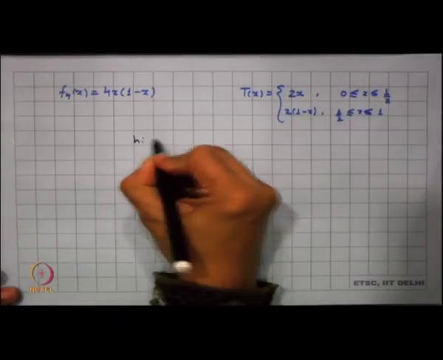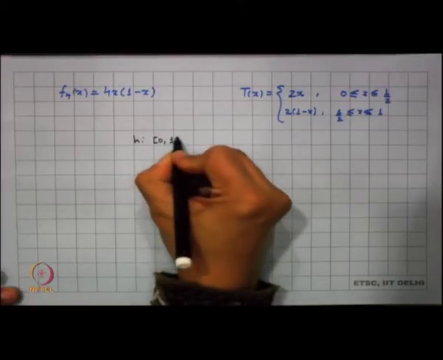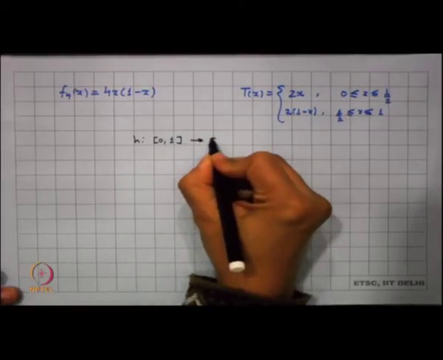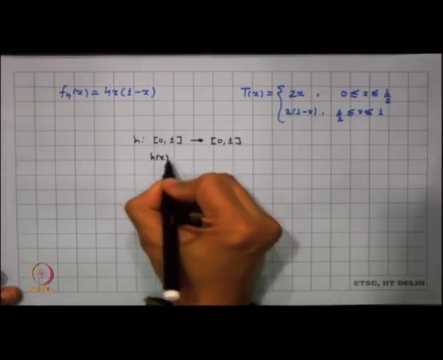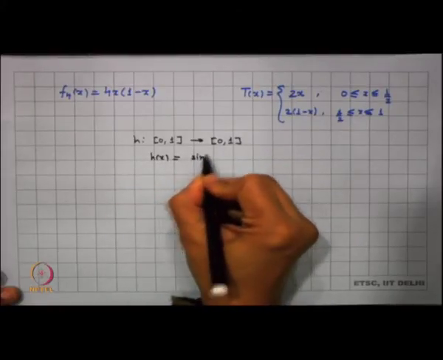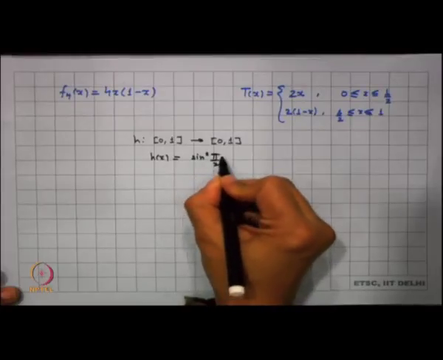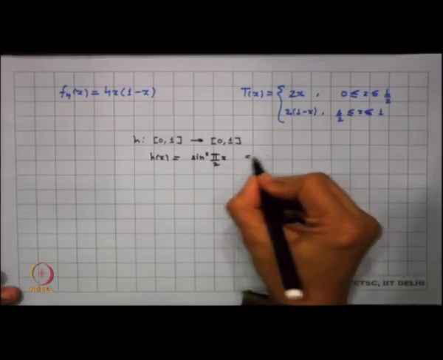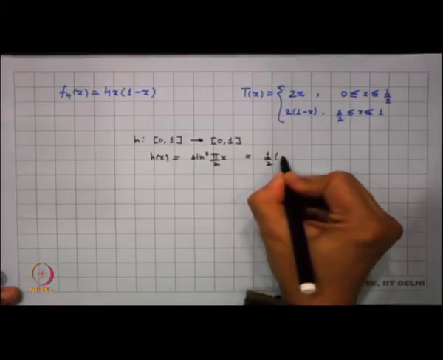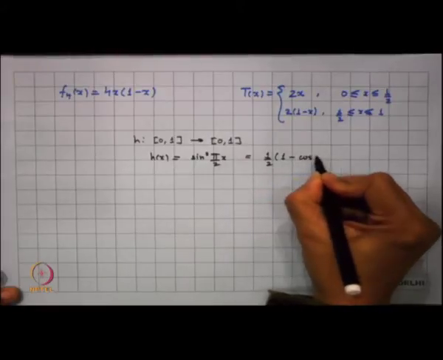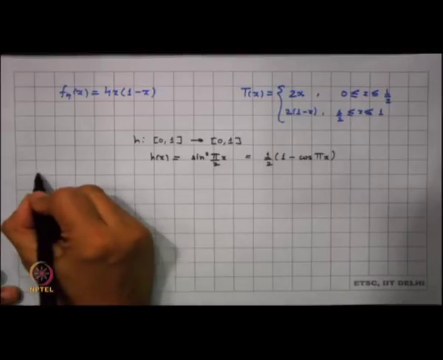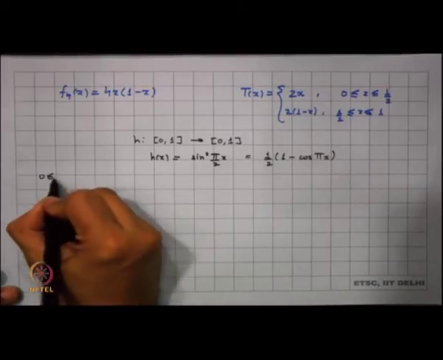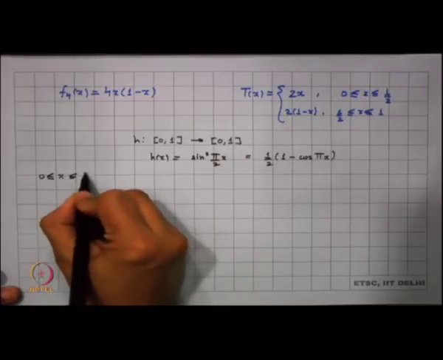We defined h from 0 1 to 0 1 as h of x equal to sin square pi by 2 x. So this we can consider as half of 1 minus cos of pi x. We start with 0 less than or equal to x less than or equal to half.